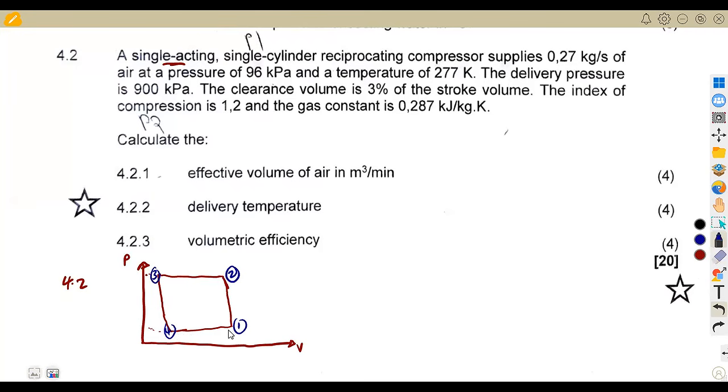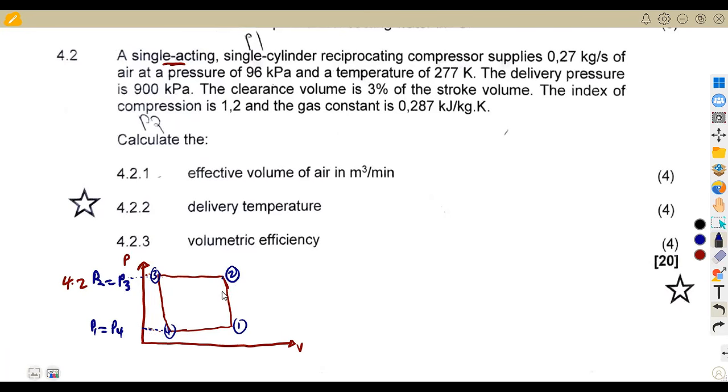Like I said, these are in a straight line, guys. So it means P1 and P4 will be equal. So P1 is equal to P4, and also in terms of pressure, P2 is equal to P3.